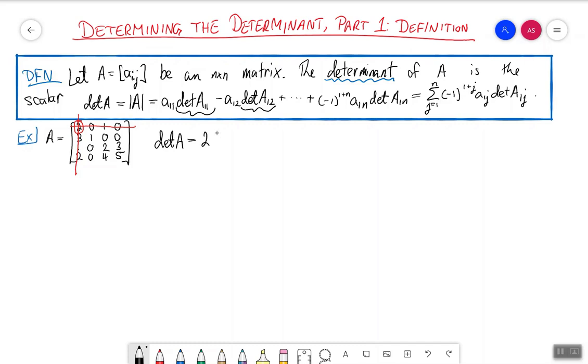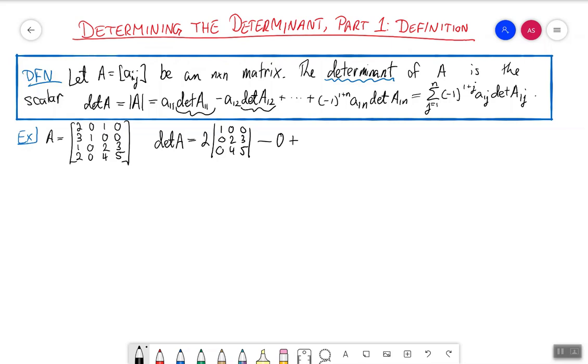So this is 2 times the determinant of the matrix 1, 0, 0, 0, 2, 3, 0, 4, 5. Then we do minus the same thing for the next entry, but that entry is 0. So we don't even need to figure out what the minor is for that entry. We just put a 0 here.